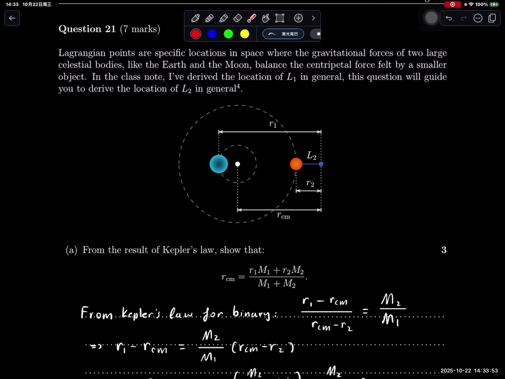It's by definition the spatial average of multiple masses in a system, the location of the average mass. So it's the position of each mass added together, divided by the total mass. But you can also prove this using Kepler's law.